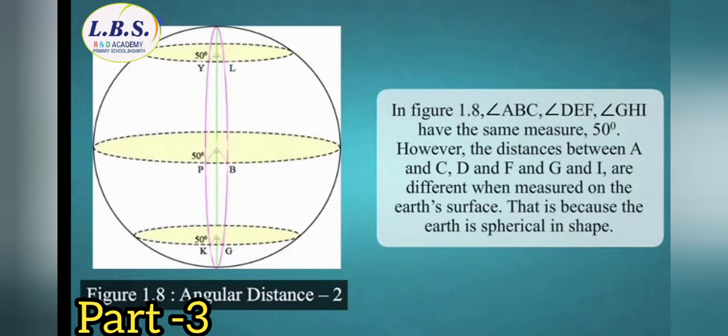However, the distances between A and C, D and F, and G and I are different when measured on the Earth's surface. That is because the Earth is spherical in shape.